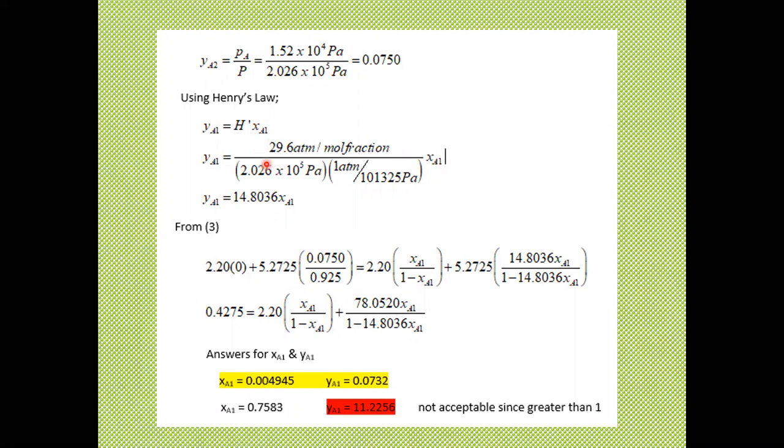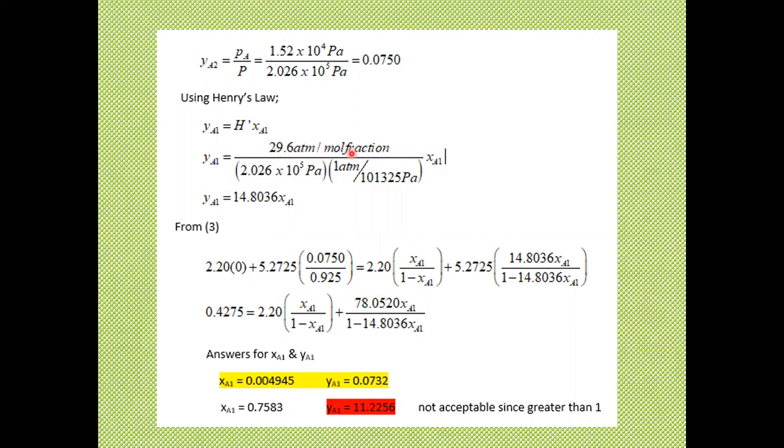At the start of the problem, before we started with the solution, I went back to the figure that will give us the H prime for an SO2 water system. Water being the solvent and SO2 being the gas component that is to be scrubbed off from our gas. So our H prime is 29.6 atm per mole fraction for this system. We got it from the figure. The 29.6 atm per mole fraction is the Henry's law constant.